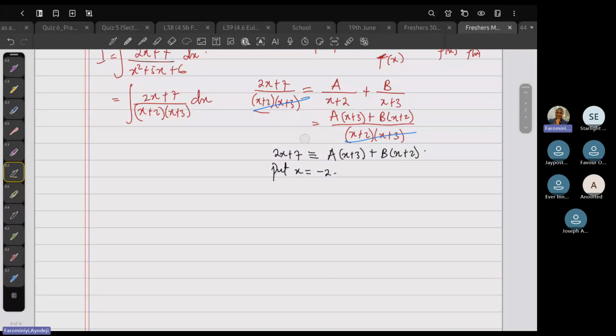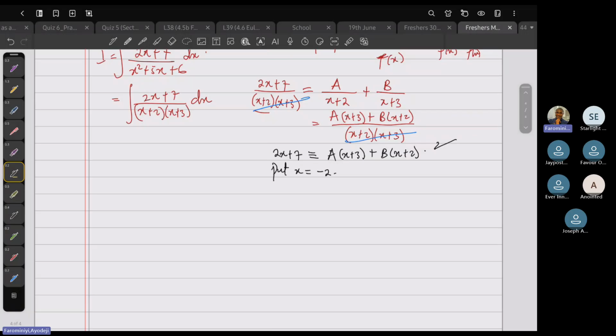That is because it's not just an ordinary equation, because if it is an equation, only one value of x will work. We are saying it is an equivalence, it is an identity. It means this line is true for all values of x. So that is why we have the liberty of saying put x equals this, put x equals that, for us to manipulate and get what we need.